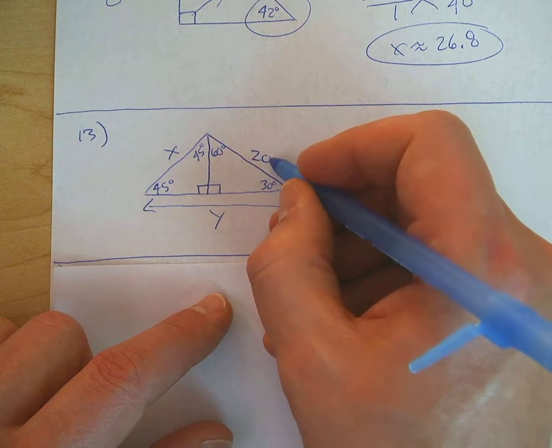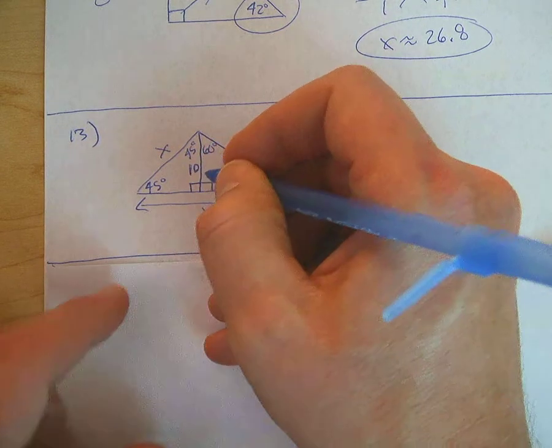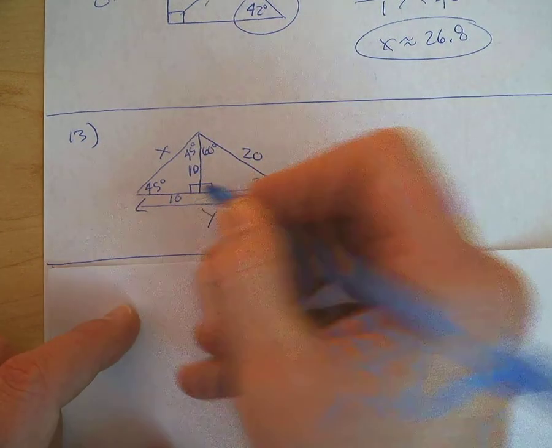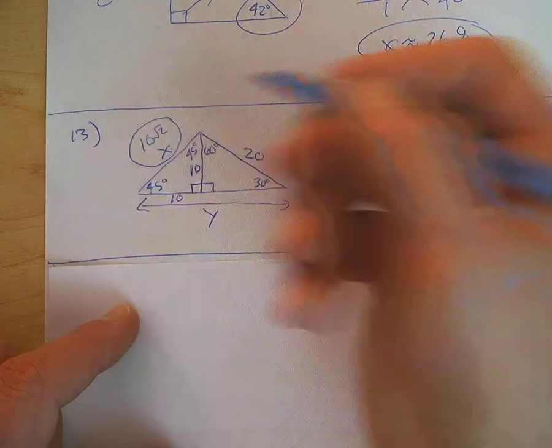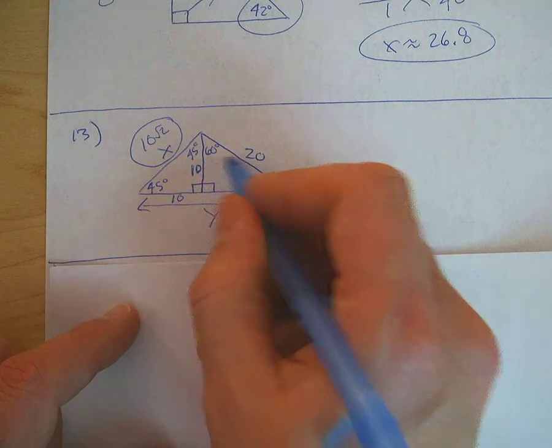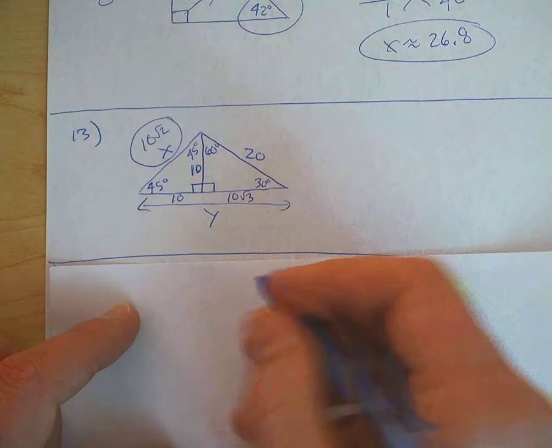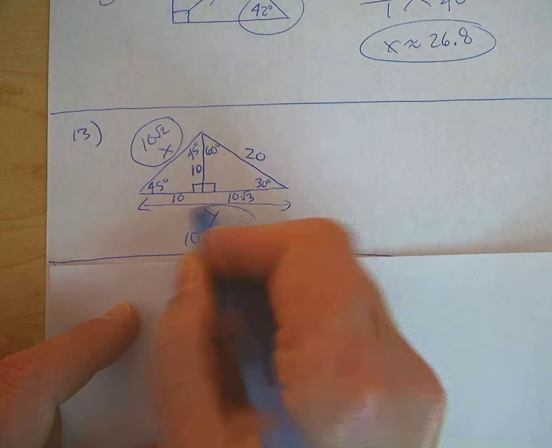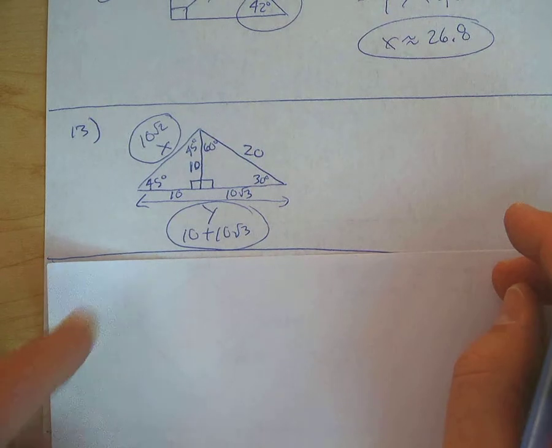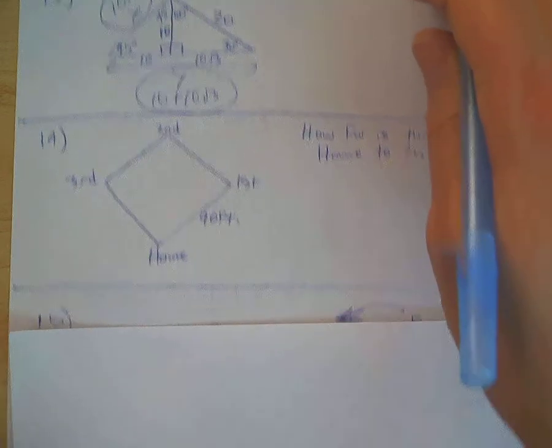So that means that's a 2 side. This is the 1 side, that's 10. And I know that this is 10 as well, right? From here to here. So x is going to be 10 square root of 2. Now, I know that this side is 1, 2, square root of 3, so this is going to be 10 square root of 3. So y is going to be 10 plus 10 square root of 3. And you could just leave it like that. That's fine. All right, moving on.